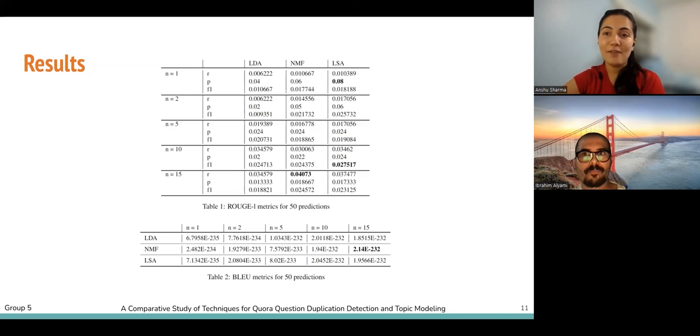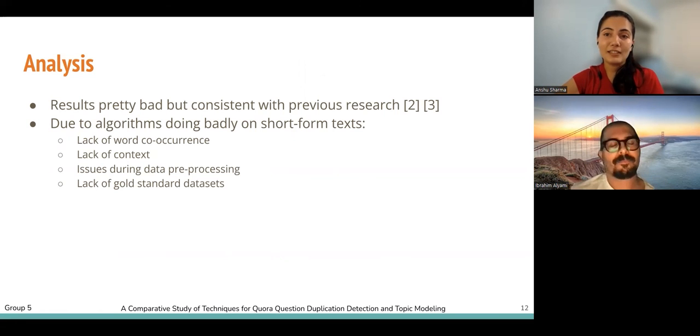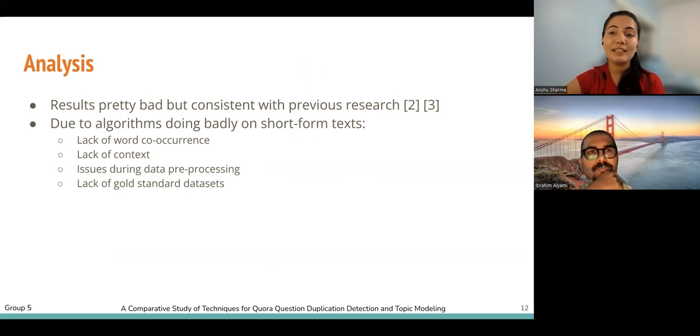It turns out, after we did all of this, we found that our results are pretty bad, but consistent with previous research that topic extraction is pretty bad on short form text. That is because our algorithms apparently do not work that well with a corpus of words that are less than 50 words long, and Quora just has a 250 character length.